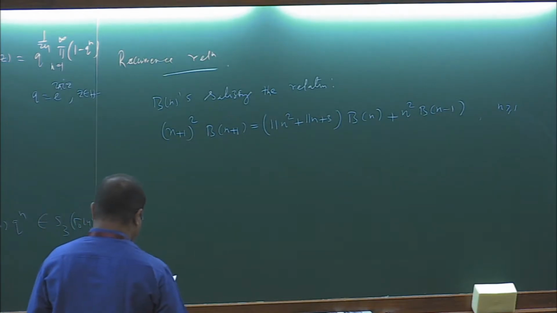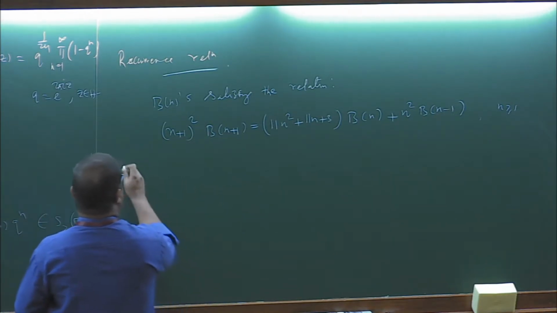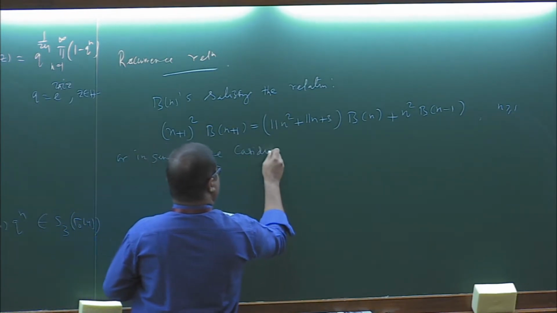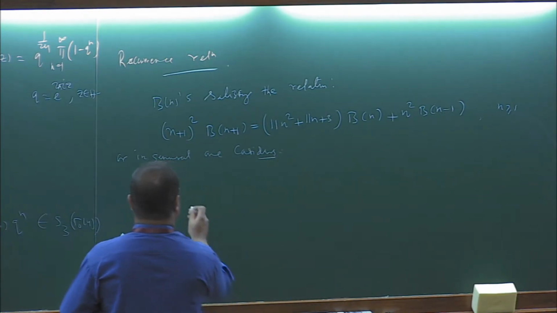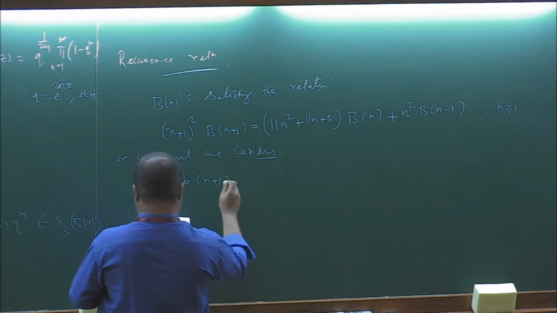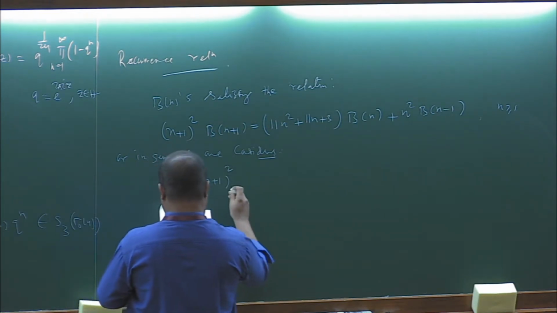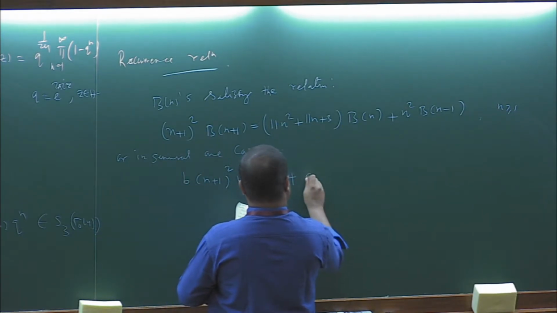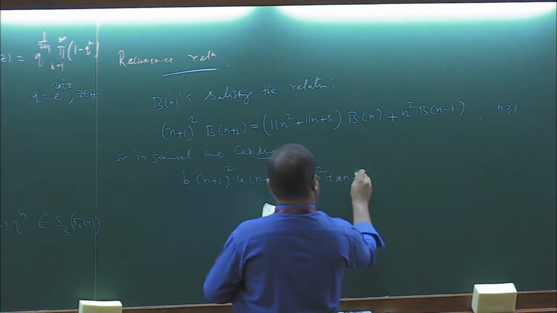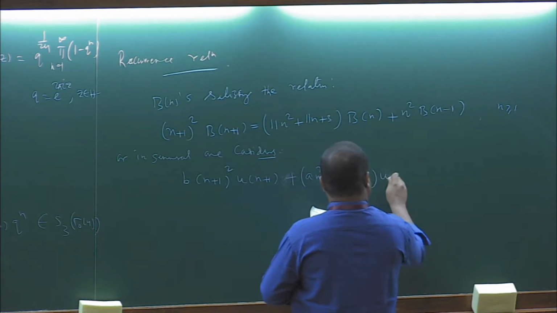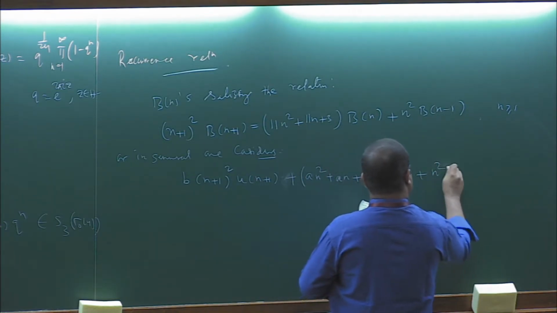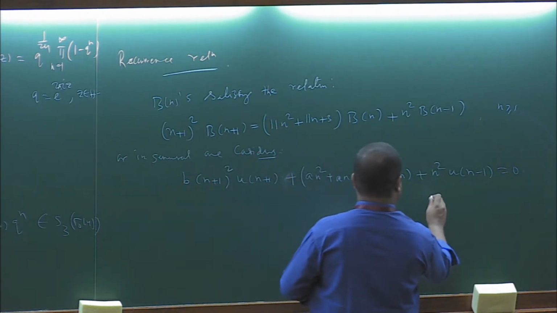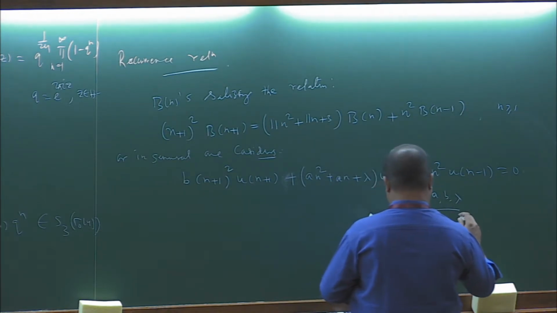Or in general, one considers the relation (n+1)^2 u_{n+1} plus (a n^2 + a n + lambda) u_n plus b n^2 u_{n-1} equals 0. Here a, b and lambda are some rational parameters.